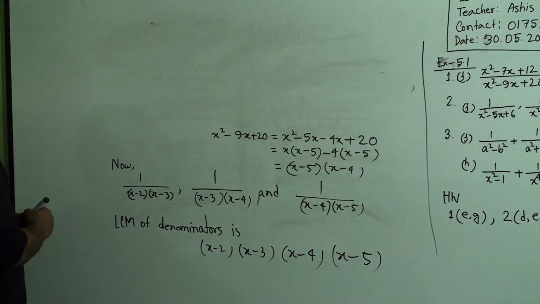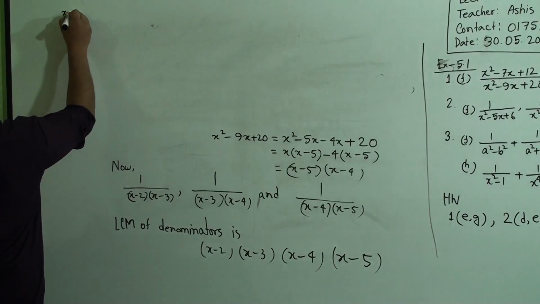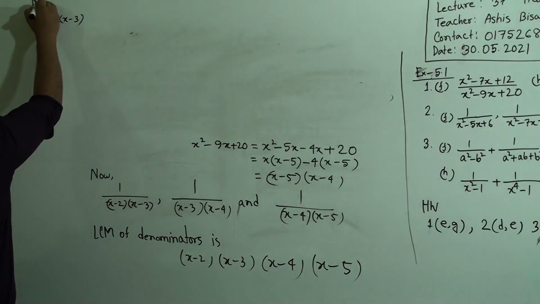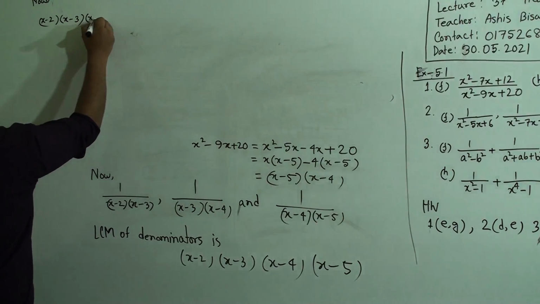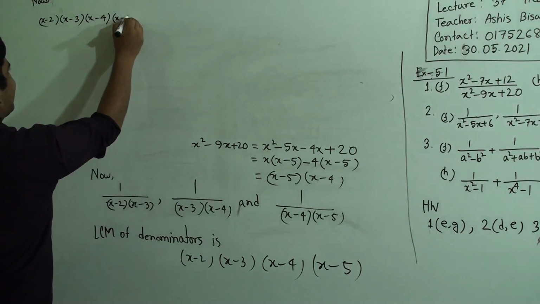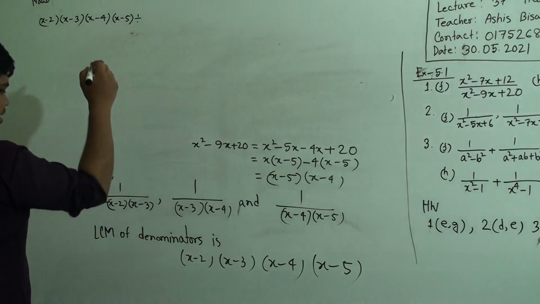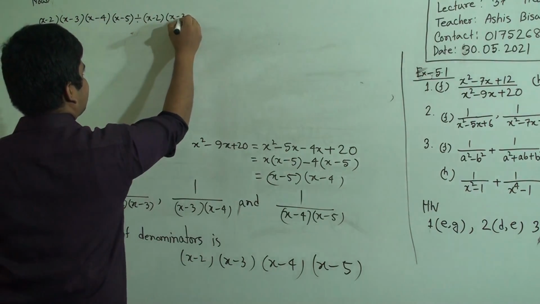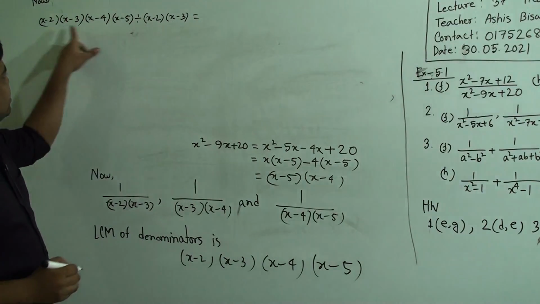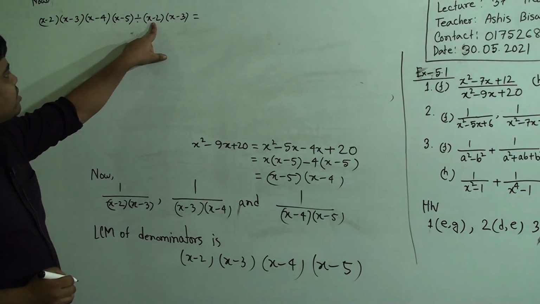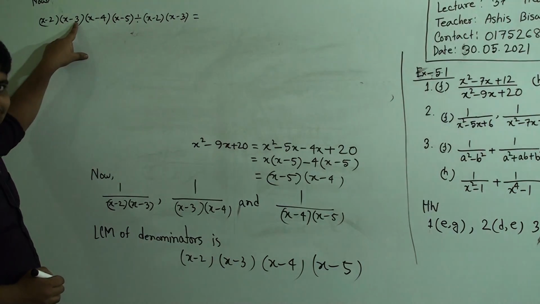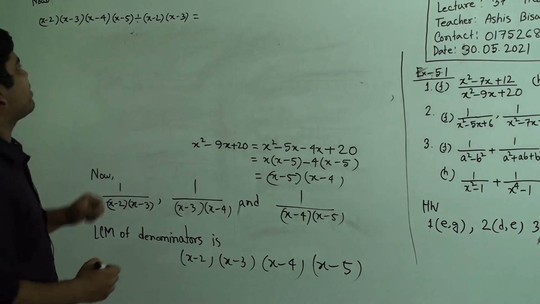Okay, please notice x minus 2, x minus 3, x minus 4, x minus 5 divided by x minus 2 and x minus 3. If we divide this LCM by x minus 2, x minus 3, we get x minus 2, x minus 3 cut and left x minus 4 and x minus 5.